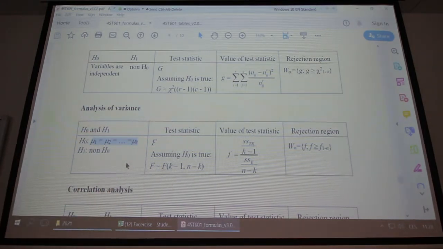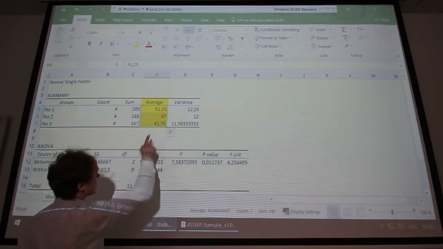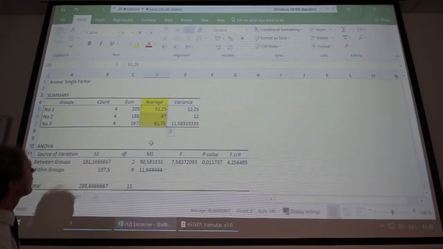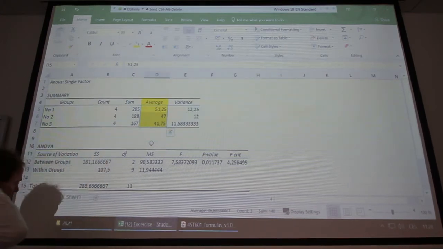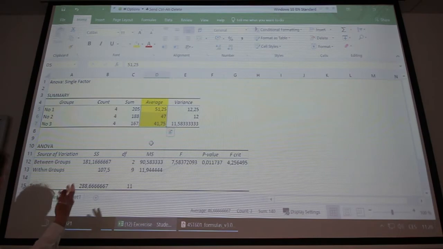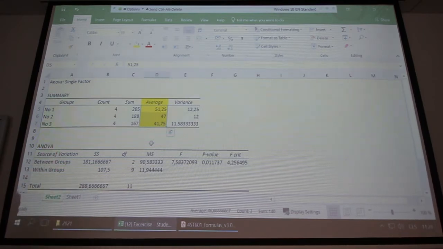And you can see here that we have differences. The last teacher, number 3, has the smallest result. Mr. McDonald has the largest result, but we would like to test this at the 5% significance level.